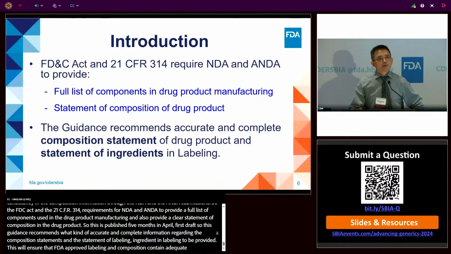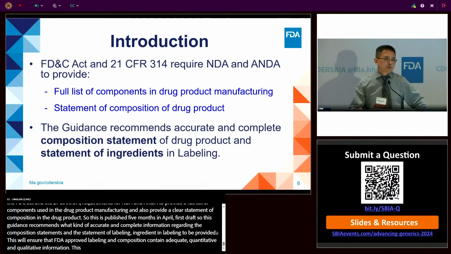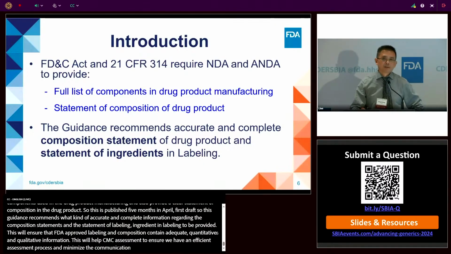And this definitely will help CMC assessment to ensure we have an efficient assessment process, minimize the communication cycles and lead to fast approval of the NDAs.